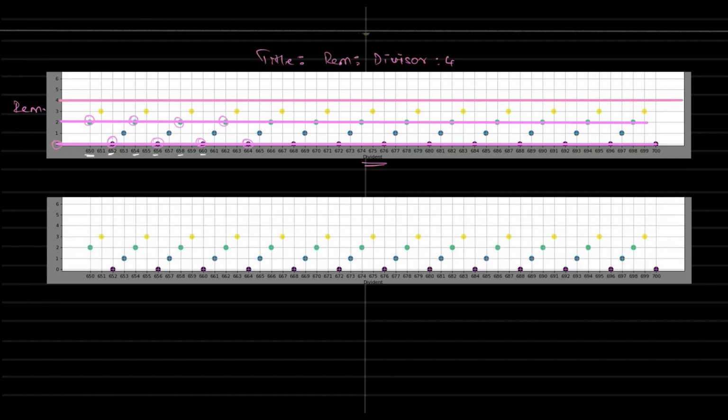While when I consider the odd numbers, right? Any odd number you see, the remainders are 3, in this case 1, in this case 3 again, 1, 3, 1, 3, so on and so forth.